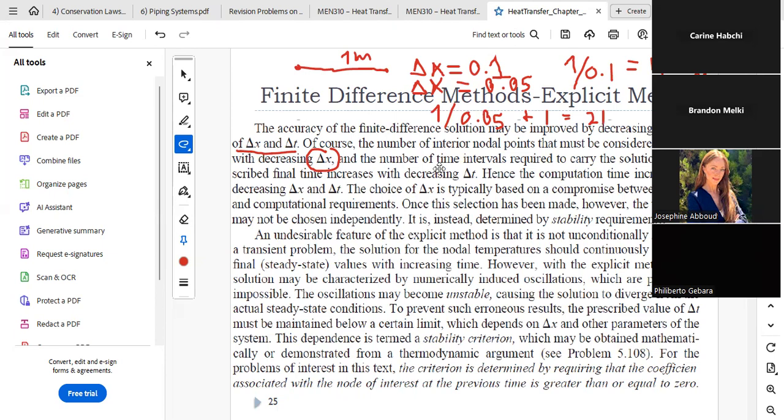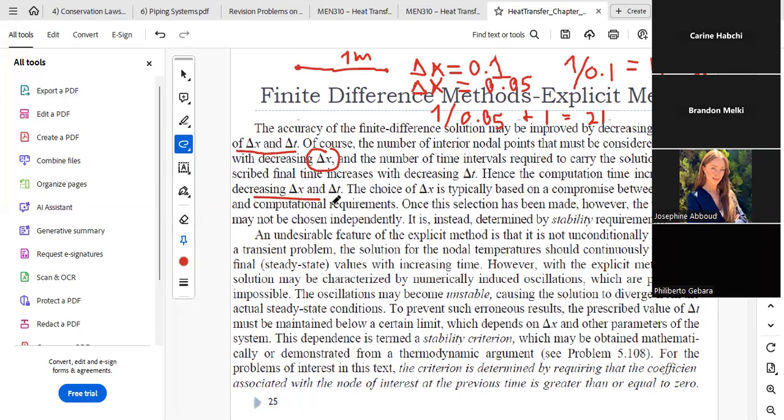The number of time intervals required to carry the solution to a prescribed final time will also increase with decreasing delta t. Therefore, the computation time will increase with decreasing delta x and delta t. So the choice of delta x is typically based on a compromise between accuracy and computational requirements.